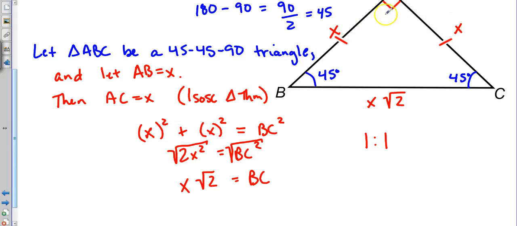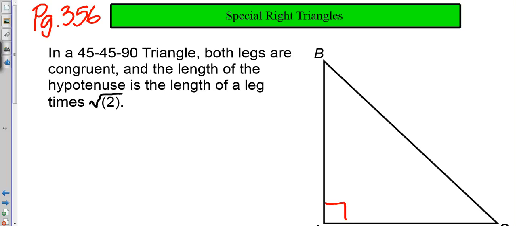My two legs, the ratio is 1 to 1. It's always the same to the square root of 2. So if I know one of the sides, I can actually use these ratios and these relationships to figure out what the other sides are. And again, this is specific to a 45, 45, 90 triangle. All right, so let's look at a couple examples and see how this is useful.